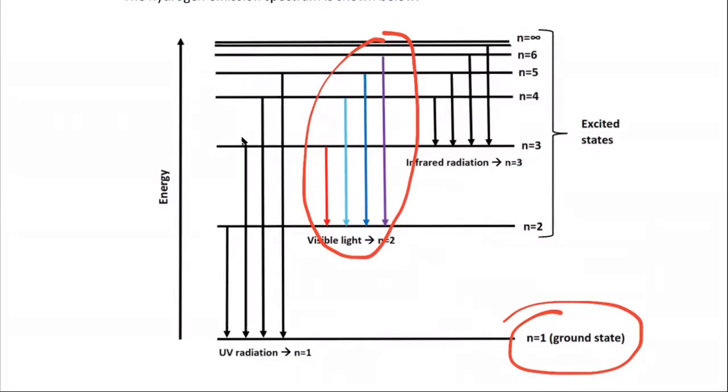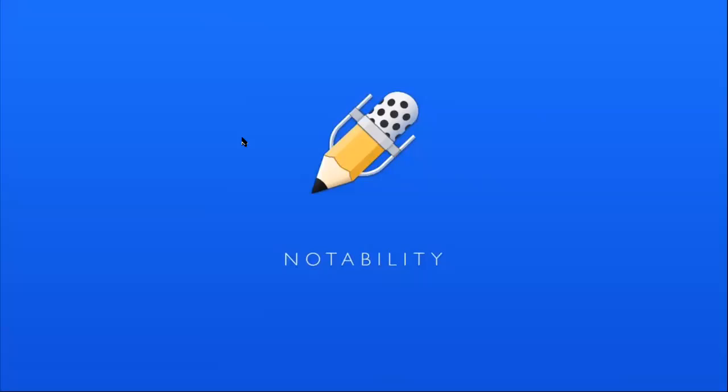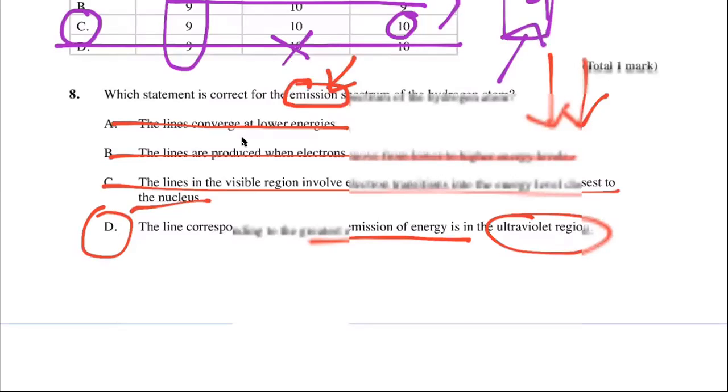It is going to be the UV right here, because remember we talked about that the longer the lines, the higher the energy, and UV has higher energy than visible or infrared on our electromagnetic spectrum, okay? So that is the only one that is true. On that one, you really had to picture that diagram in your head to answer the question.